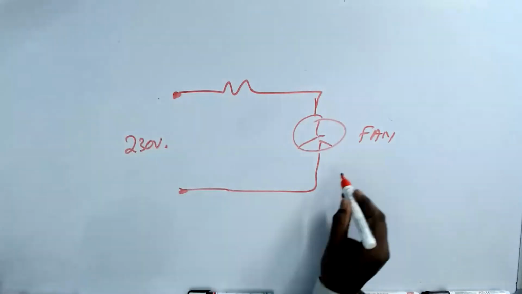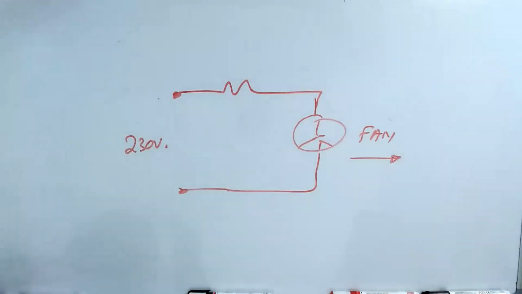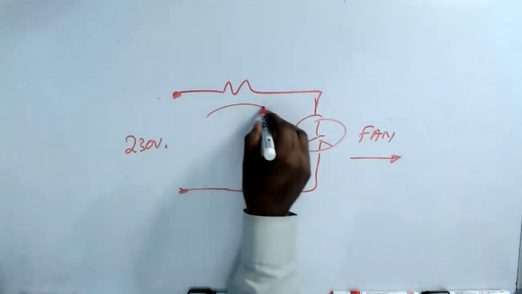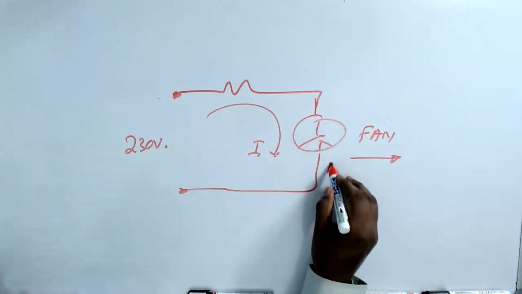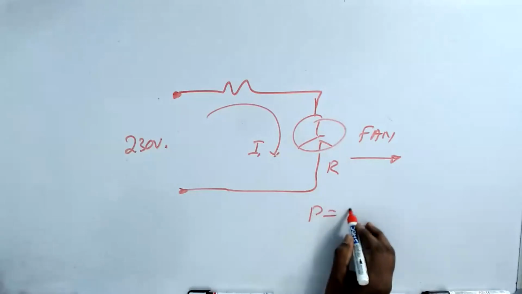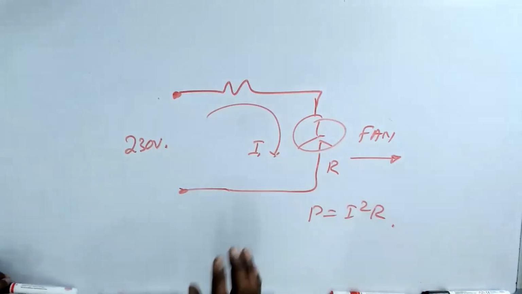The fan is going to give you the power based on the current you are flowing, I. So the fan is going to have a resistor. So power is equal to I square R, which we'll discuss in more depth later in the electrical session.